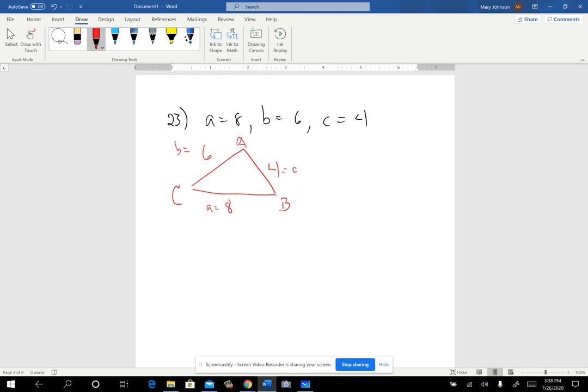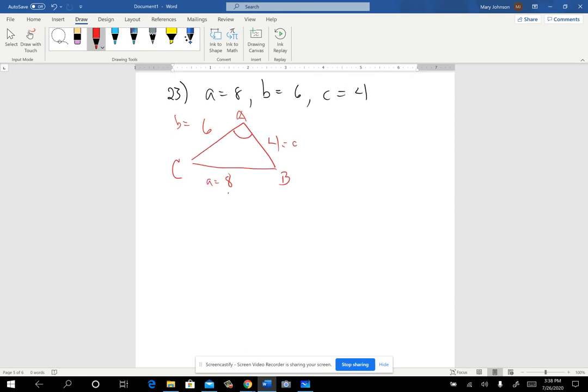If you will work on finding the biggest angle first using the law of cosines, so that would be this one since side A is the longest, then you don't have to worry about that issue you have when you deal with sine, where you might have more than one triangle. So if you'll find the largest angle first, when you use the law of cosines, that'll help you here.